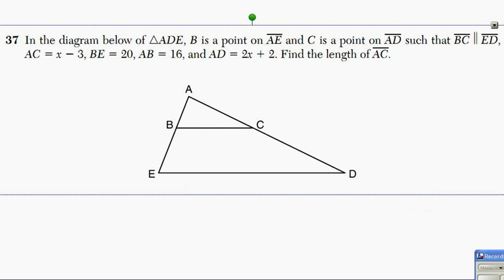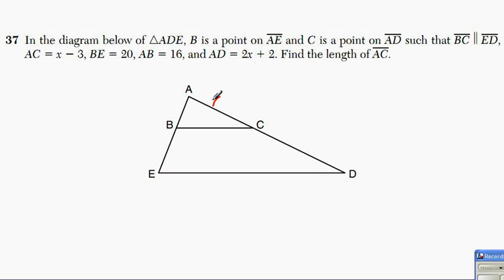All right, number 37. Now, here we have lines that are all parallel, and we need to find the length. AC is x minus 3. And then BE here is equal to 20.